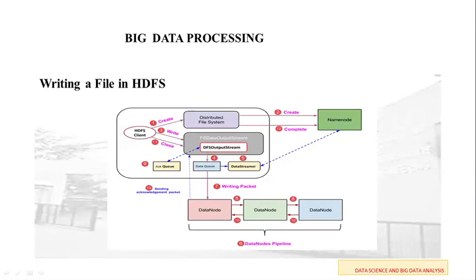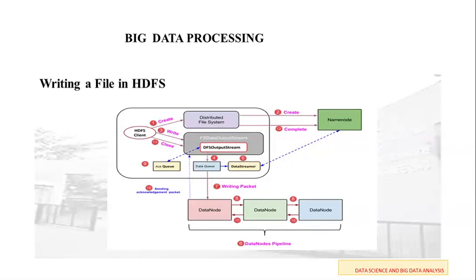After the completion of the acknowledgement queue work, the next step is 10, that is once acknowledgement for the packet in the queue is received from all the data nodes in the pipeline, it is removed from the acknowledgement queue. In the event of any data node failure, packets from this queue are used to reinitiate the operation.